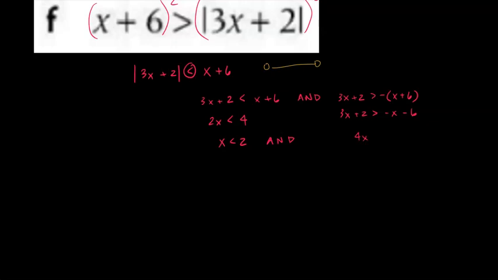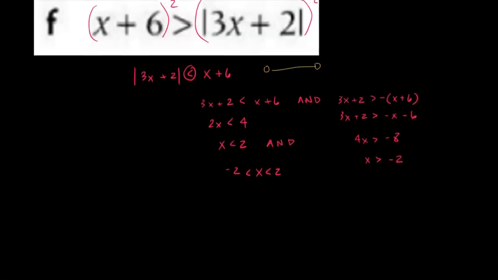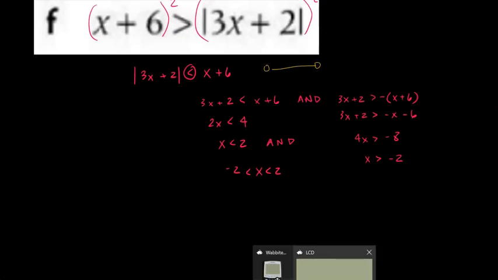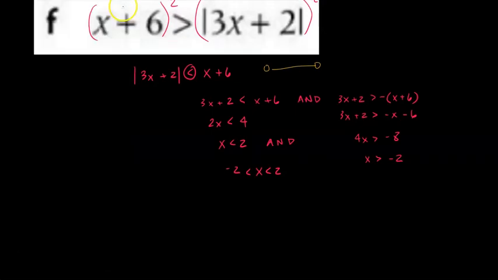So 4x greater than negative 8. X is greater than negative 2. I could rewrite this in a compound inequality like that. And I think they both check out. Should I check it? Yeah, I think so.